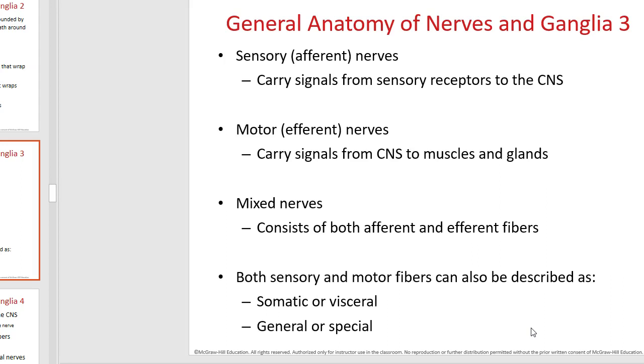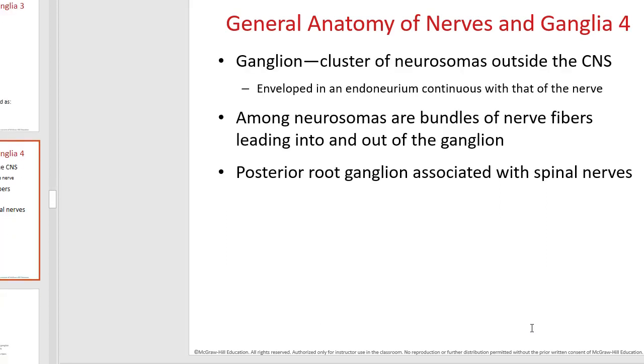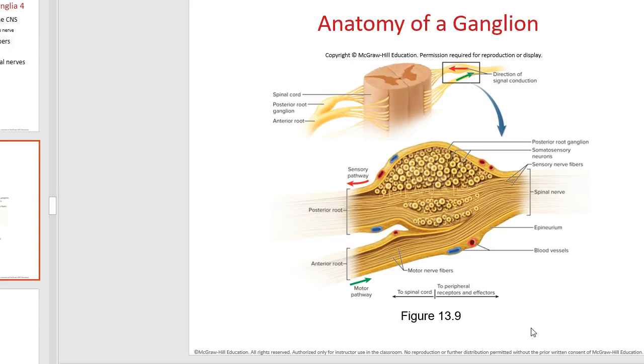Remember, again, when we see the word somatic, we're definitely talking about skeletal muscle. Ganglion is another word that we're going to see, and that is a cluster of neurosomas outside of the CNS. Remember, the soma is the cell body of the neuron. So here's our picture, again, of the spinal cord.